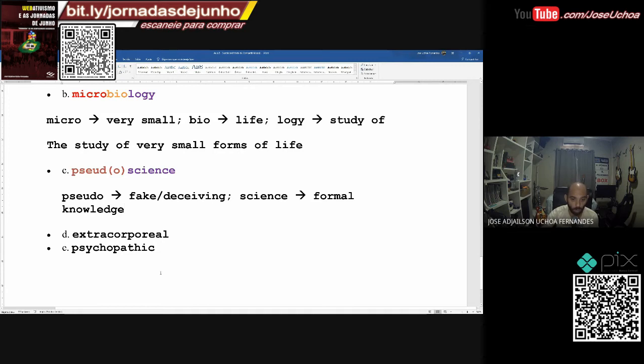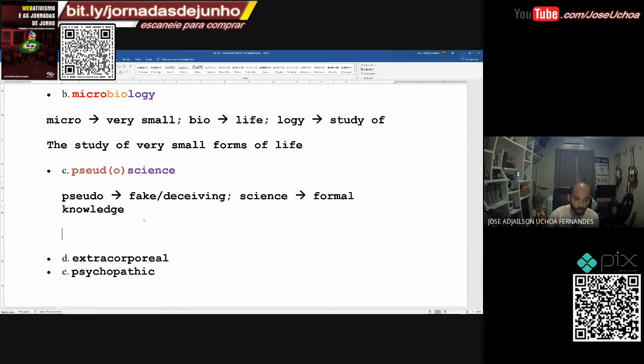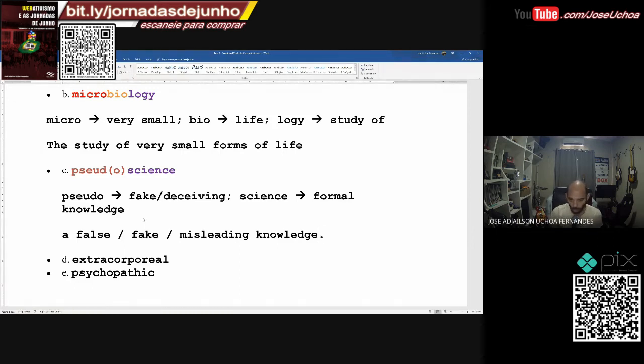Yeah, to be science is to have consciousness of something. So pseudoscience is a false, fake, or misleading knowledge. Easy, isn't it? Anybody that came to a conclusion similar to this is right.